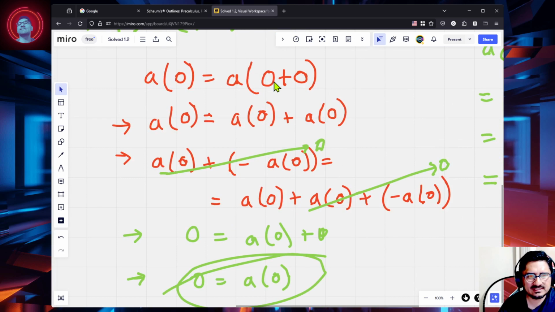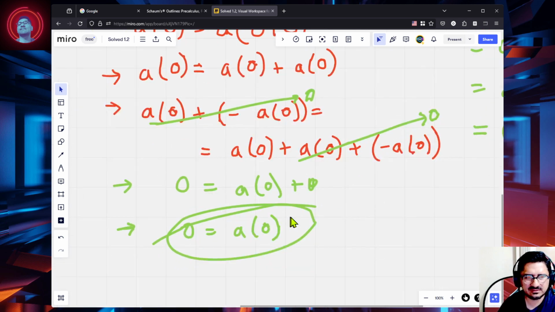We know this part for sure because 0 plus 0 is 0 by the action of the neutral element. This one is just the distribution law. We subtract a times 0 from both sides. On one side it gives 0. On the other side it is a times 0 minus a times 0 plus 0. But the addition with 0 is neutral, so we get just a times 0, and in that way we are sure that a times 0 equals 0 because of the fundamental rules of algebra.